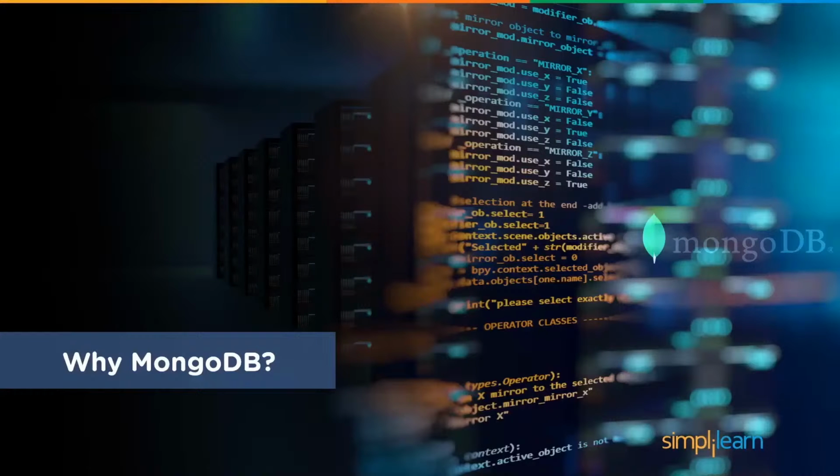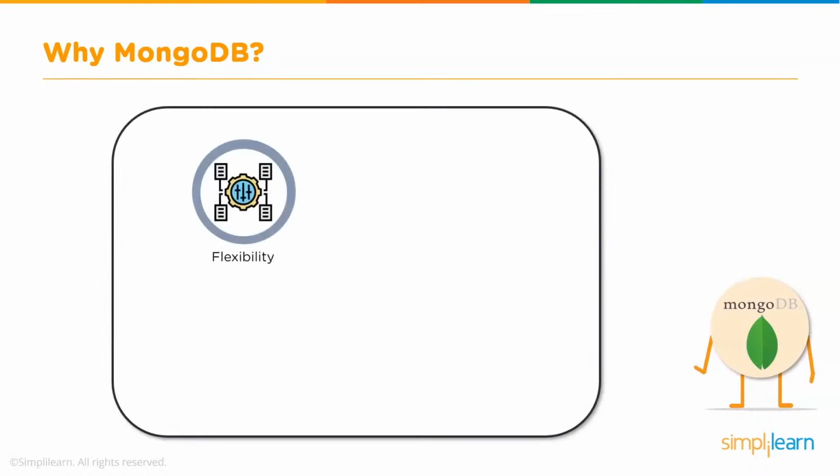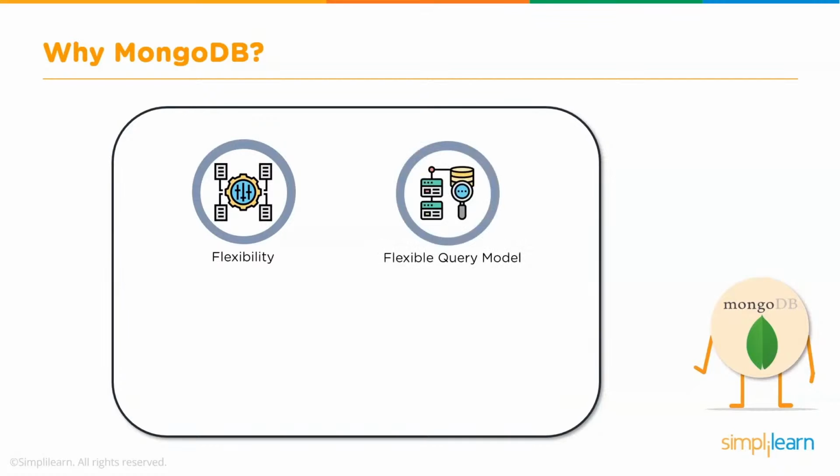But you must be wondering, when there's something like SQL, why is NoSQL or MongoDB used? There are a few reasons why MongoDB is widely used. First up is flexibility. MongoDB's notion of documents that can contain sub-documents nested in complex hierarchies is really expressive and flexible. Flexible query model: a user can selectively index some part of a document or a query based on attribute values, regular expressions, or ranges.